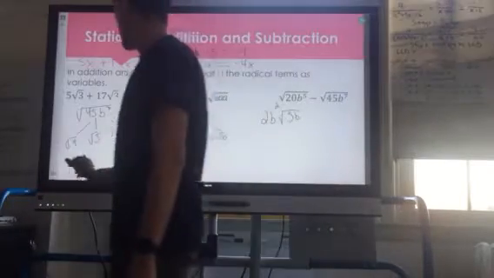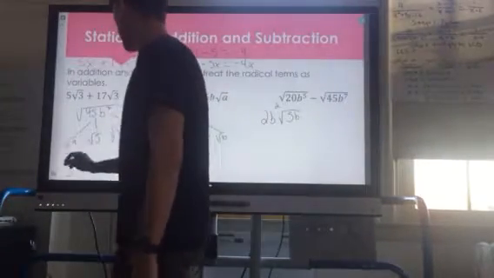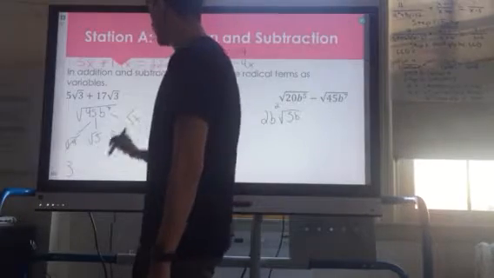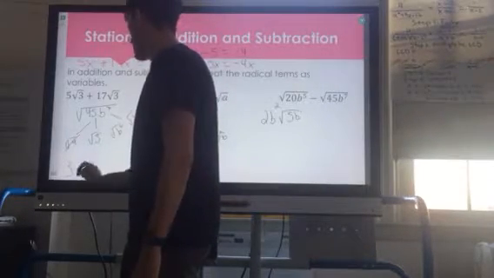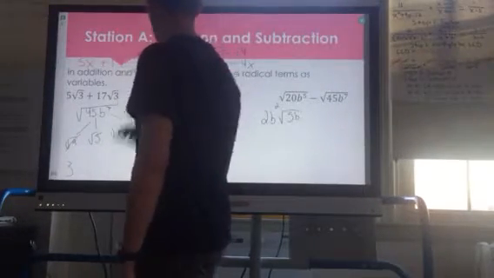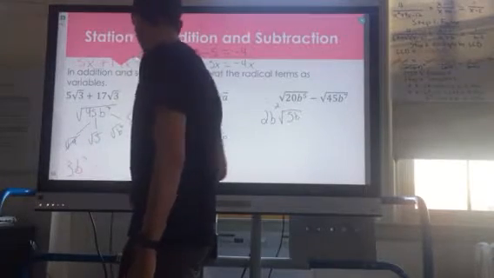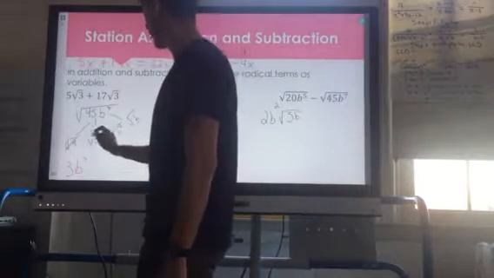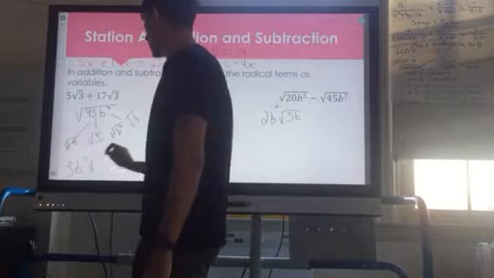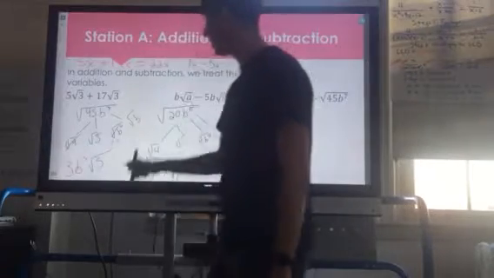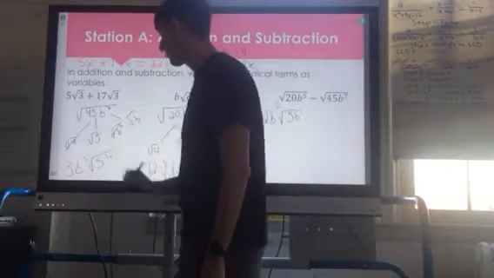Now, I know the square root of 9 is 3. I know the square root of b to the 6th is going to be b to the 3rd. I know the square root of 5 is not a perfect square and can't be simplified any further. And then same with the square root of b.